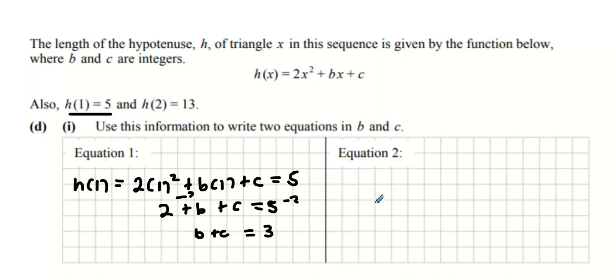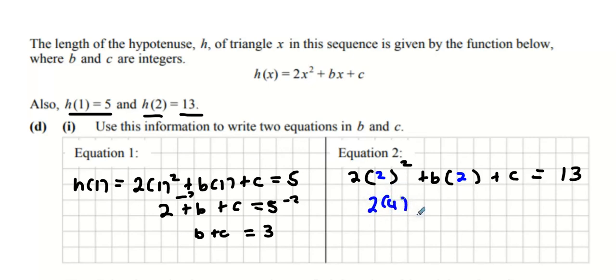On the next equation, we're going to replace all the x's with 2's because we're looking for h2 this time. And we know the answer for h2 is 13. So we get 2 times 2 squared plus b times 2 plus c equals 13. 2 times 4 plus 2b plus c equals 13. 8 that is, so 13 take away 8 is 5. 2b plus c equals 5.